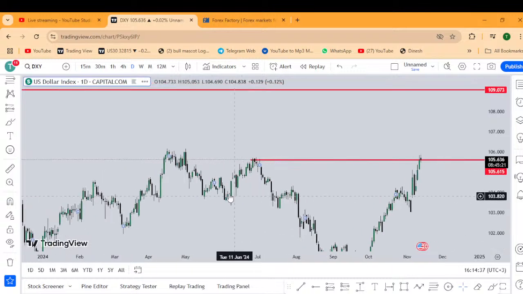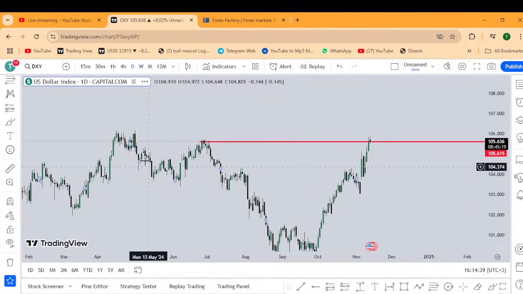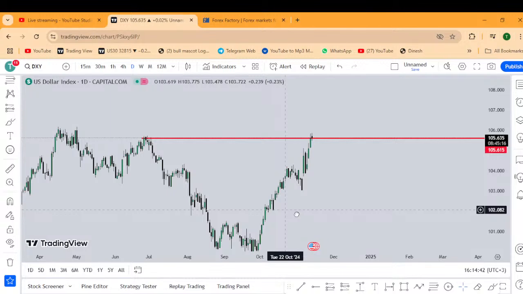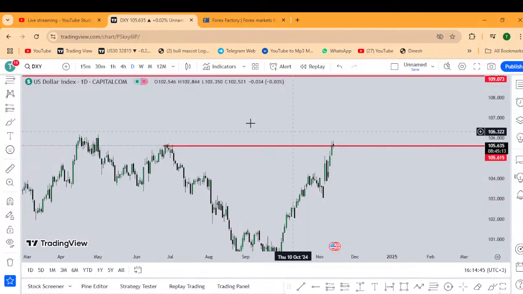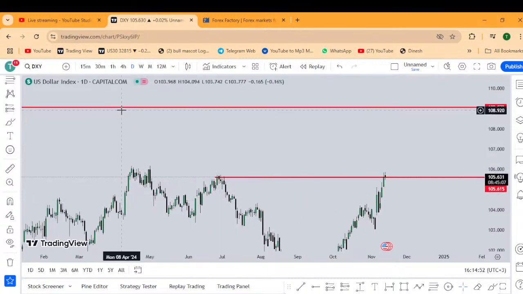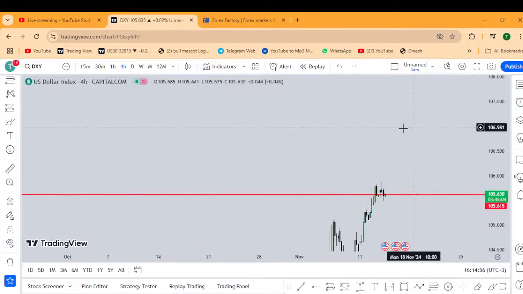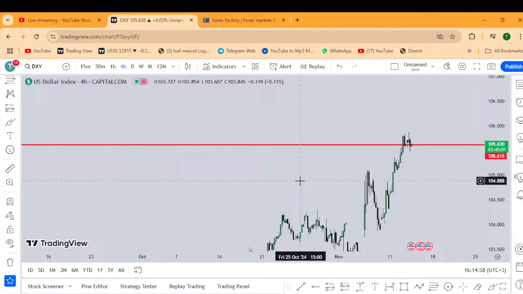Okay, so technically, this is our daily time frame. We are seeing it is positive. A breakthrough has already happened. They are ranging beyond this resistance level here. So let's go now for our lower time frame. Let's see what the 4-hour time frame has for us.